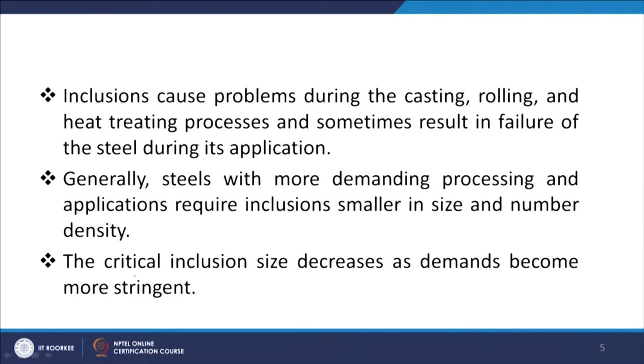They are harmful because these inclusions cause problems during the casting, rolling and heat treating processes. As you know, if there are inclusions, they will be a defect in the cast product. They also make rolling difficult, and also the heat treatment process.